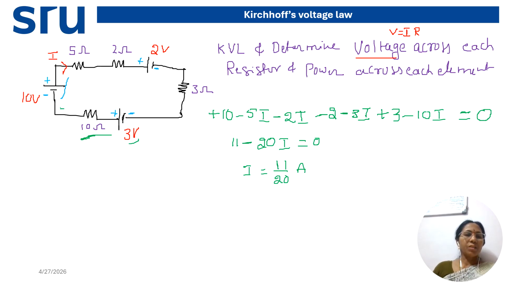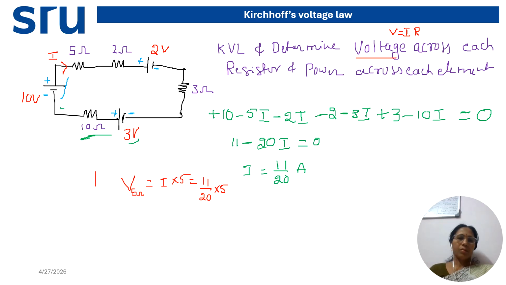Voltage across 5 ohm is I into 5, that is 11 by 20 into 5, which is 55 by 20, it is 2.75 volts.